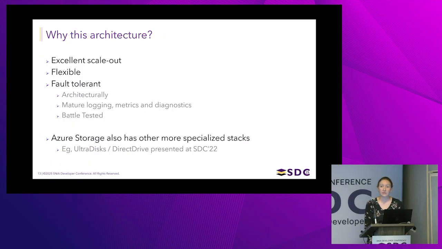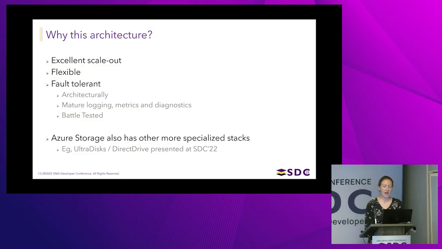Okay. Why do we love this architecture so much? This was designed initially for object storage, which needs excellent scale out. What we found out over time is that it's very flexible. I went over those 3 particular layers. We found it very easy to add new things to this architecture while maintaining the scale out. It's also very fault tolerant. That's partially because of the architecture that's covered deeply in the paper that was published on this.